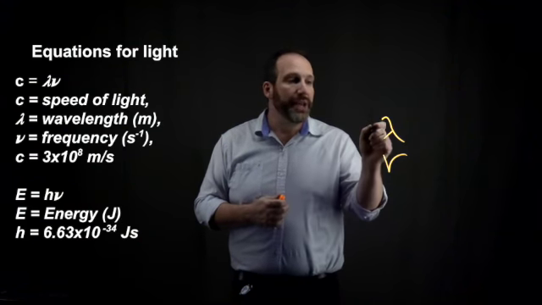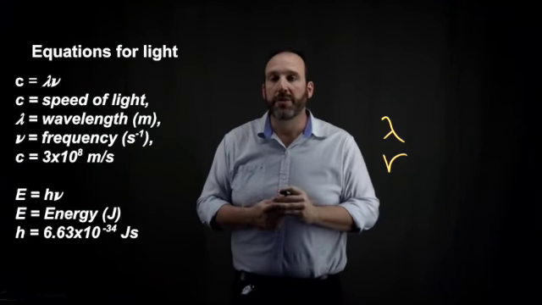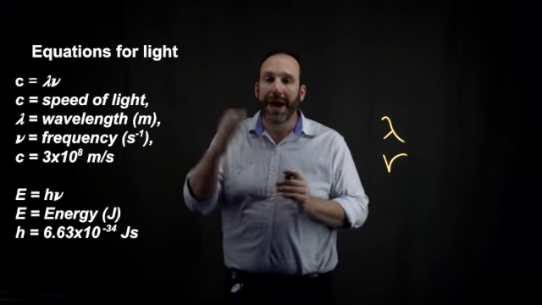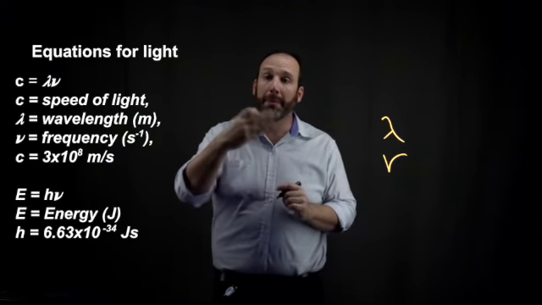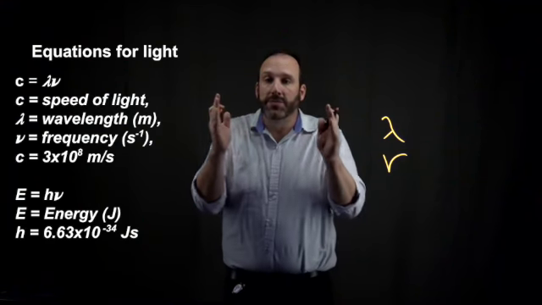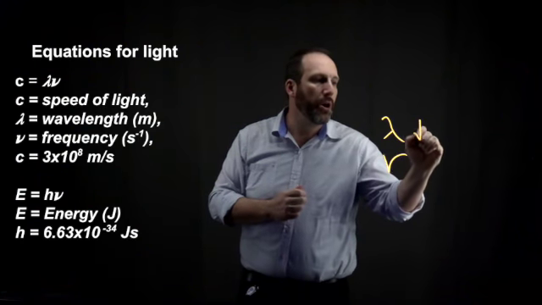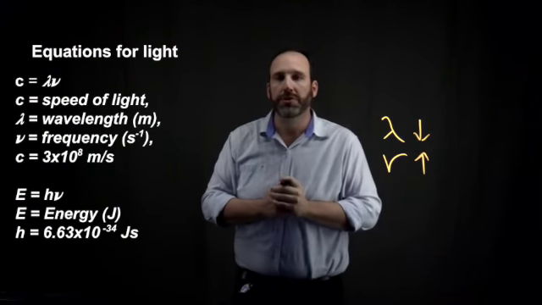These two quantities, wavelength and frequency, as we said before, are inversely proportional to each other. So as one goes down, the other must go up. As wavelength gets shorter, frequency goes up.